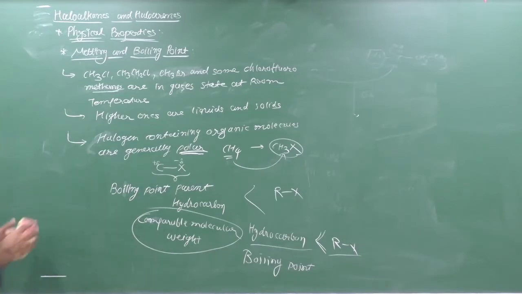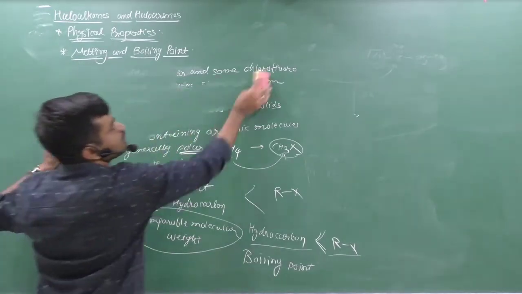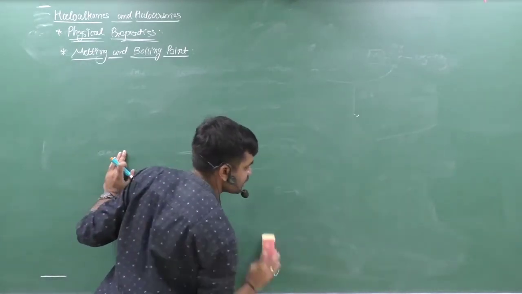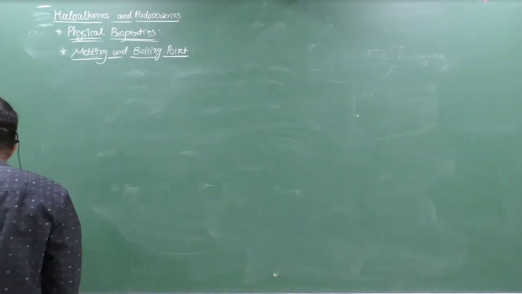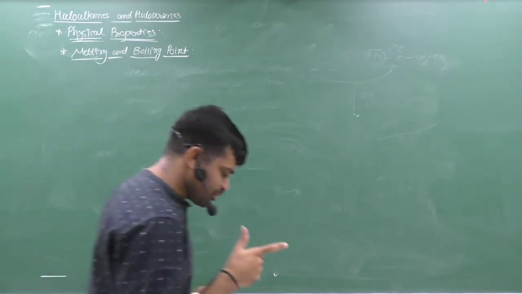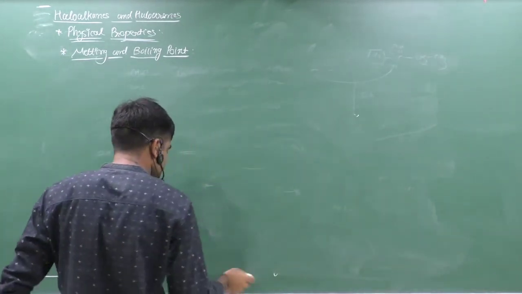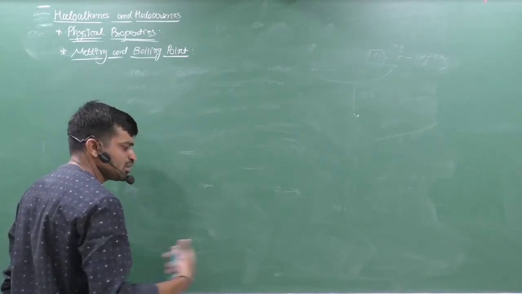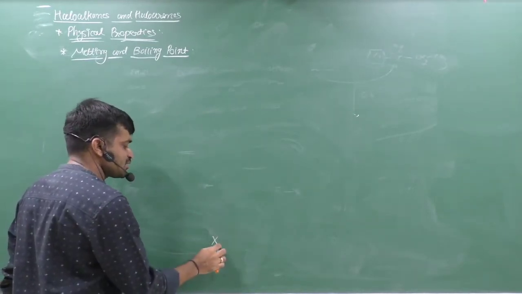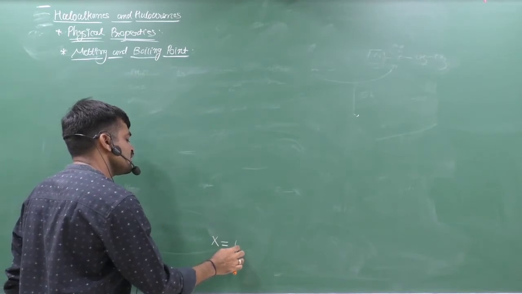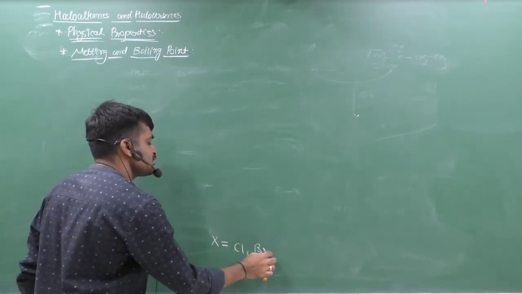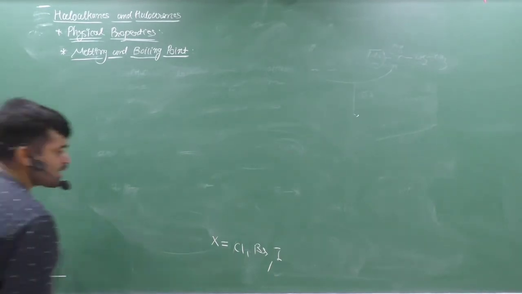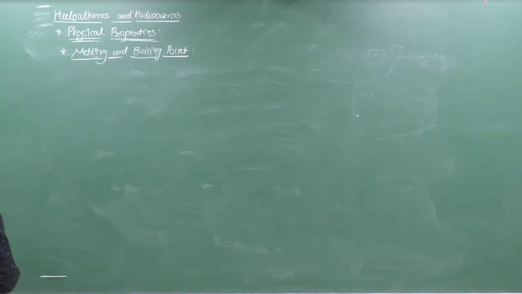Why? We can understand it. Concept clear? The boiling point of alkyl halide will be higher than parent hydrocarbons and also than hydrocarbons of comparable molecular weight, where X is equal to Cl, Br, I, not fluorine. Note this, not fluoride: Cl, Br, I, where X is equal to Cl, Br, I.